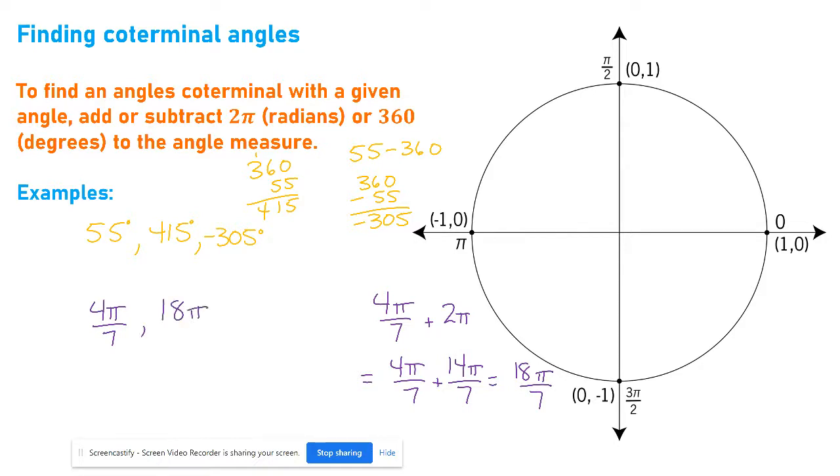I can do the same thing by subtracting 2 pi. If I take 4 pi over 7 minus 2 pi, which is 4 pi over 7 minus 14 pi over 7, I get negative 10 pi over 7.